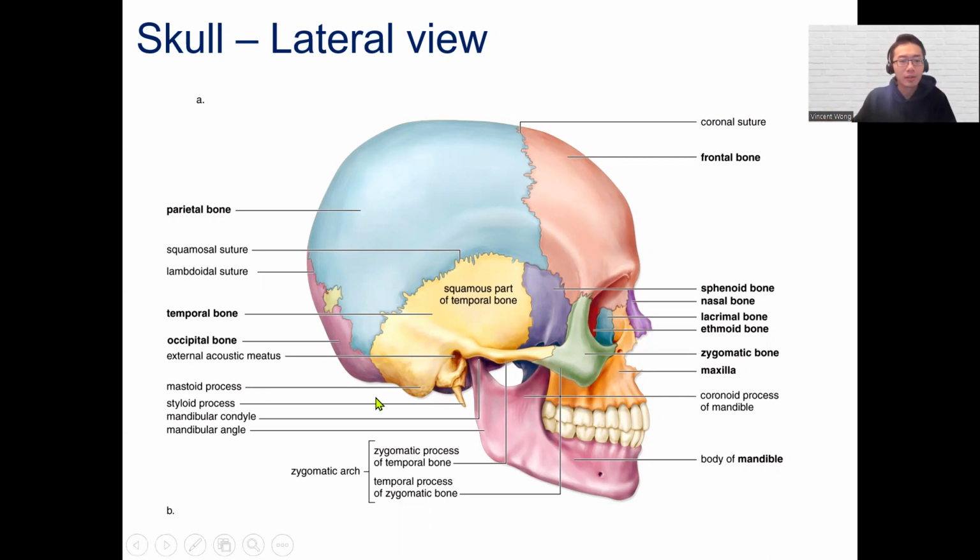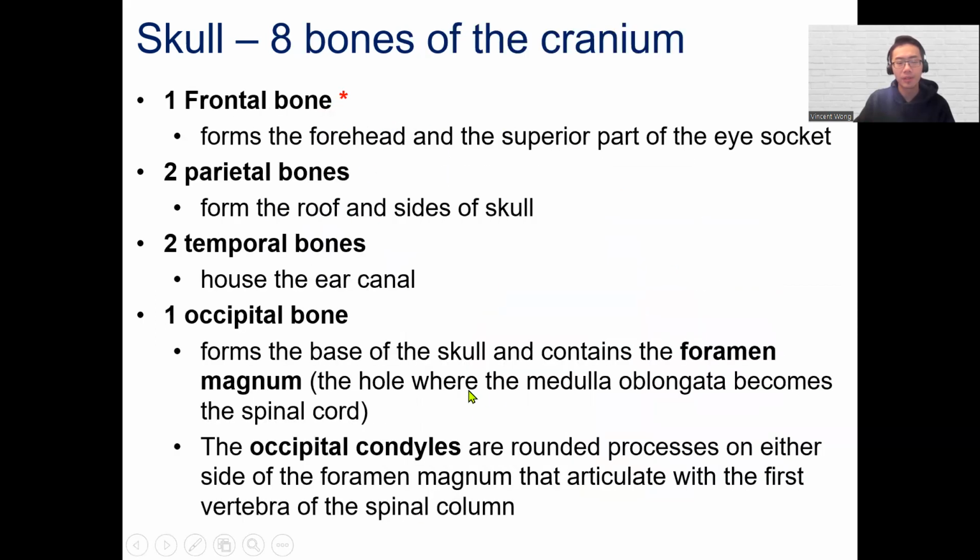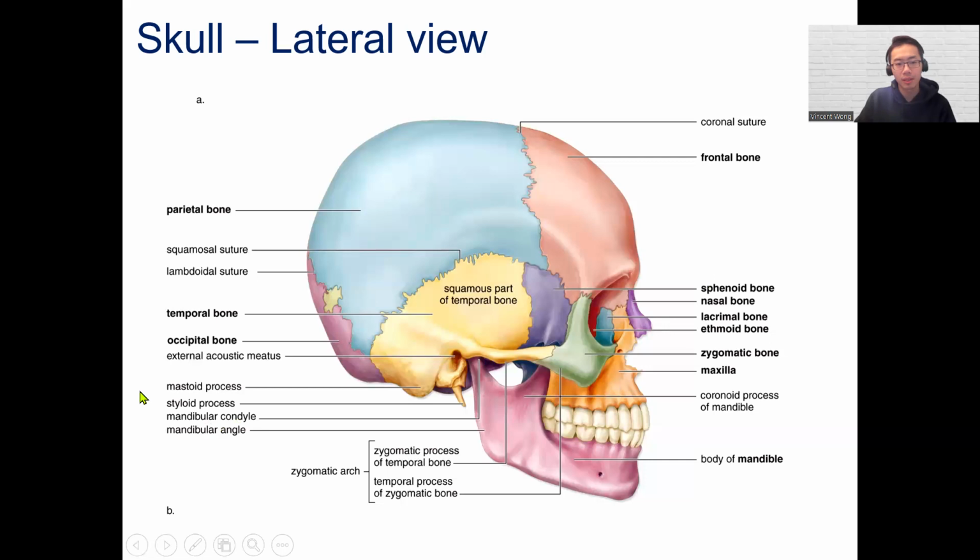There's the mastoid process, the thing at the back of the ear, and a styloid process here for something else. Usually these landmarks, these weird looking protrusions, are attachment sites for muscles. If we didn't talk about it earlier, and it's not on the PowerPoint slide in these notes, then you don't have to know it. So just ignore all these landmarks.